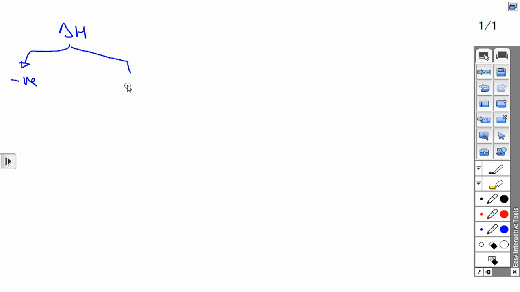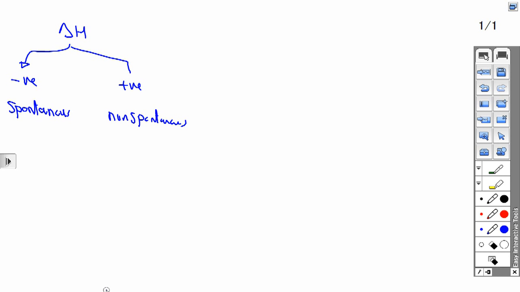If delta H is positive, we produce a less stable product, so the reaction in this case is not favorable. A favorable reaction we call a spontaneous reaction, and a not favorable reaction, or the reaction that produces a less stable product, is called a non-spontaneous reaction.